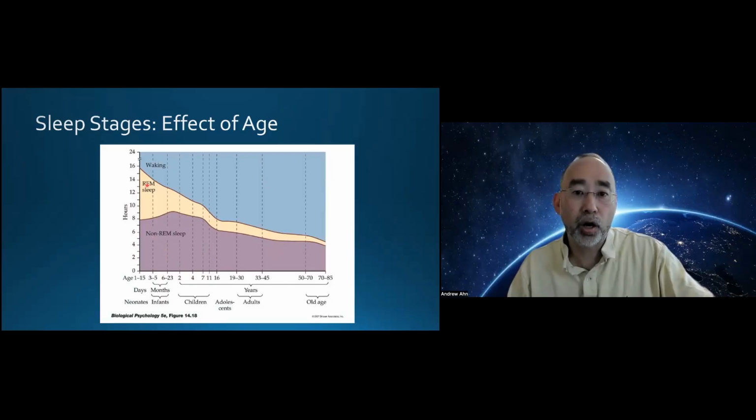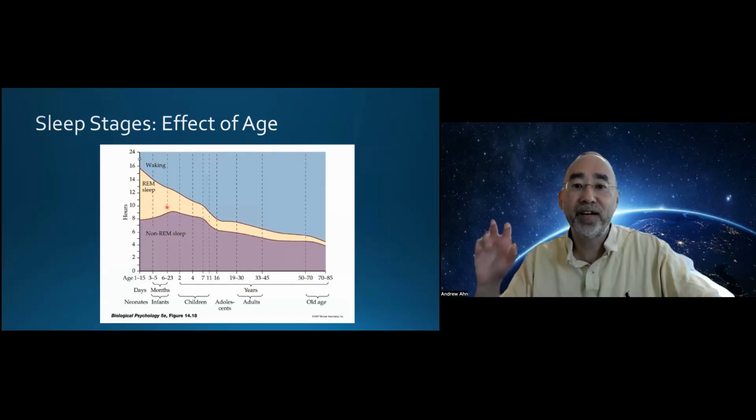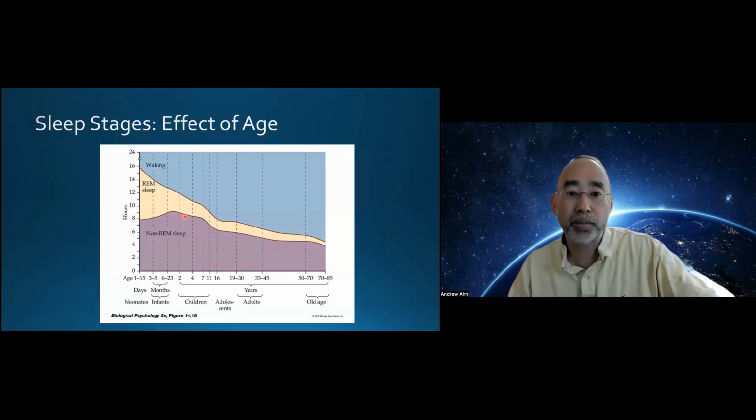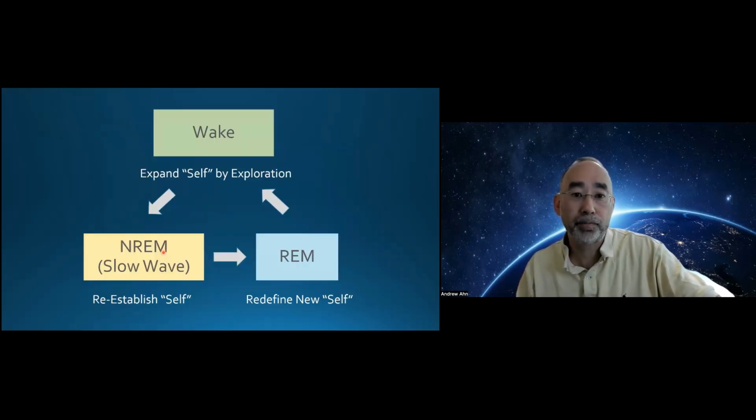Notice the much larger proportion of REM sleep in neonates and infants, which gradually decreases as we age. If REM sleep is crucial for redefining self by integrating new information, this makes perfect sense, because infants and children are constantly encountering novel experiences, rapidly expanding their understanding of the world and themselves. This increased REM sleep, I propose, supports this accelerated period of self-construction and development. The longer time asleep in kids also allows sufficient non-REM to support the REM sleep as well.